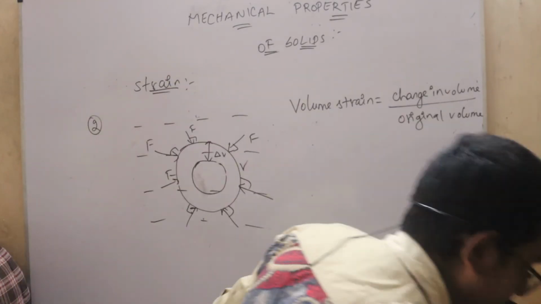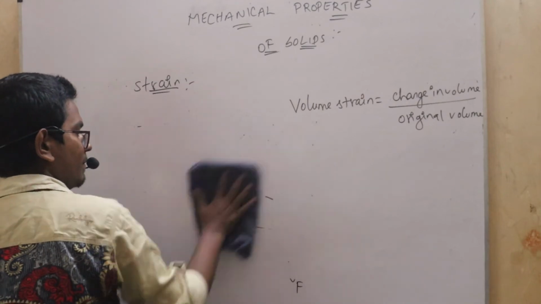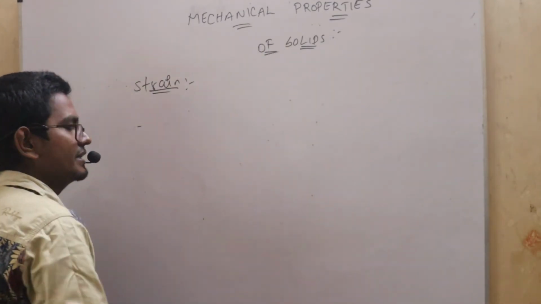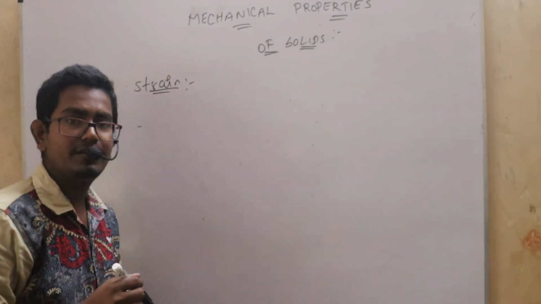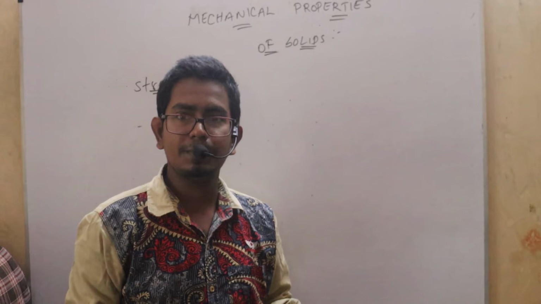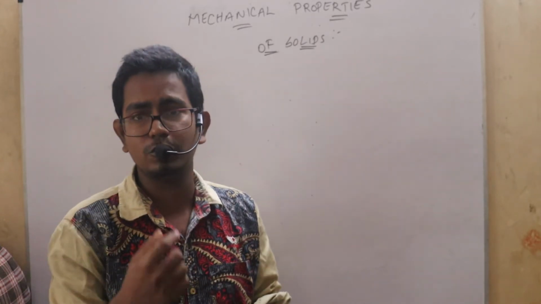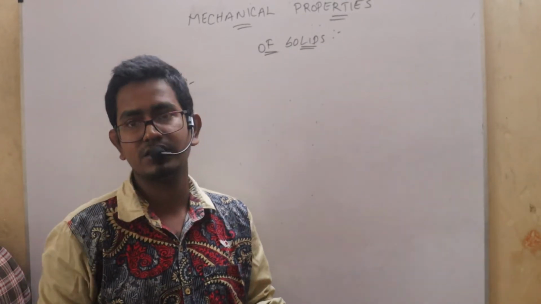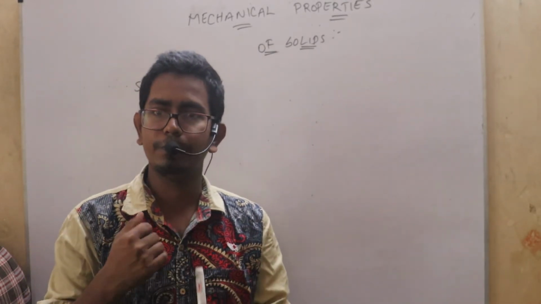Now we are going to study the third type of strain. As we studied three types of stress, the same three types of strain are here. Whenever a stress is experienced by an object, that means whenever we apply a deforming force to deform the object, we can apply it in three ways: in order to change the size, the shape, or the volume.